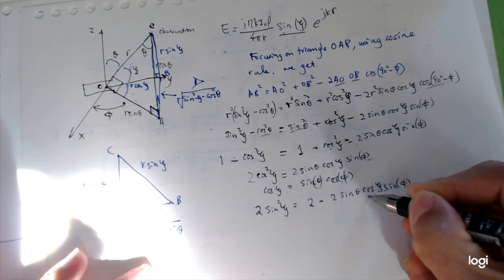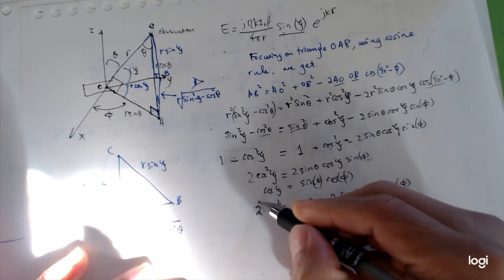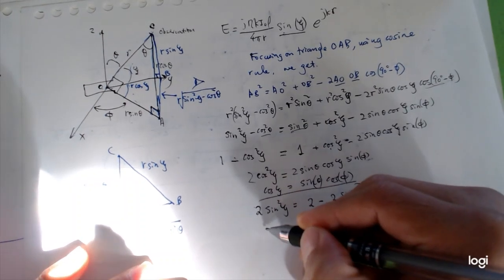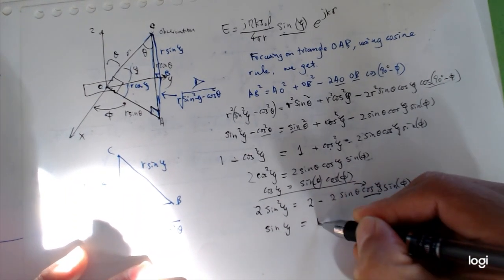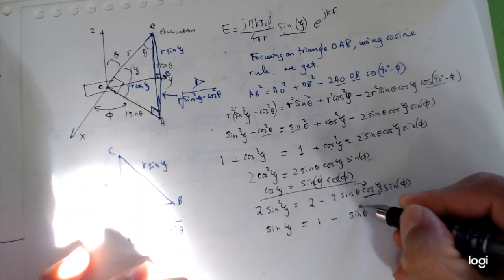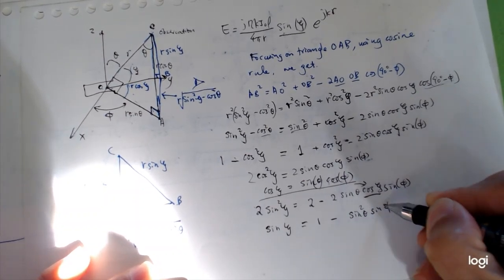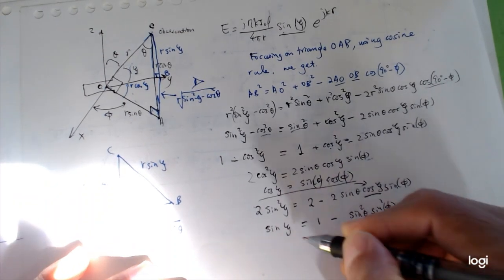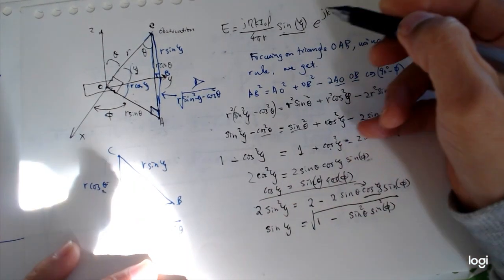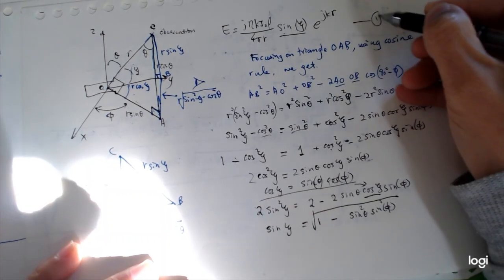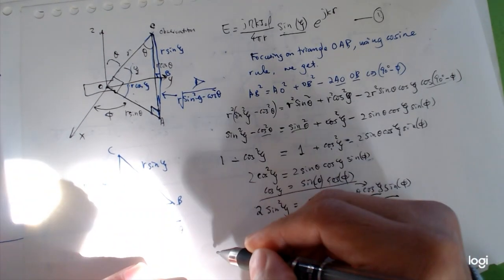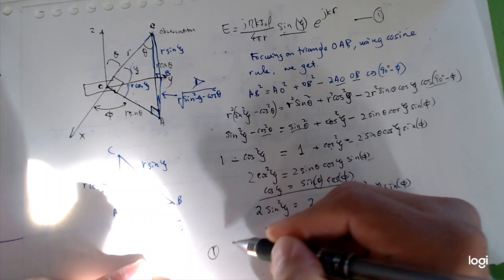So we have already worked out, this can be moved to here, and sine C is 1 minus this term minus this term, right, is sine. So this is what we get. So finally, we can replace equation 1 with this expression.